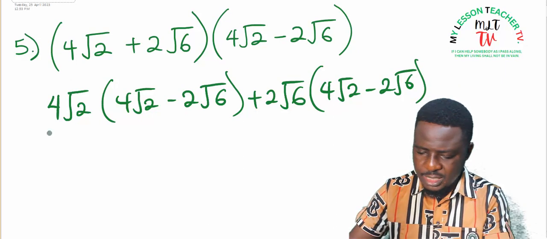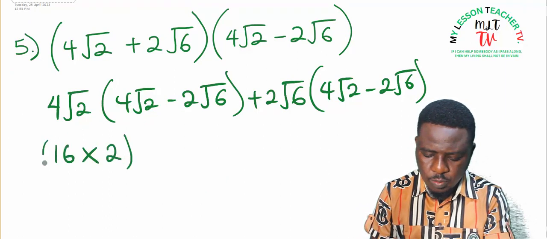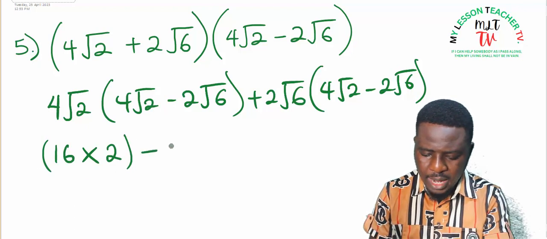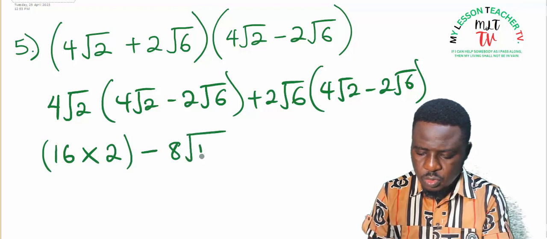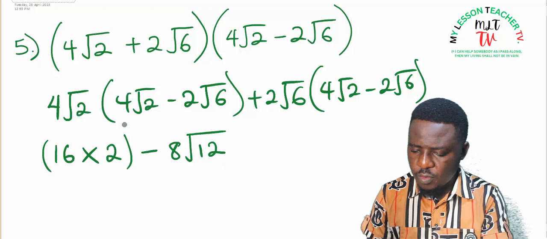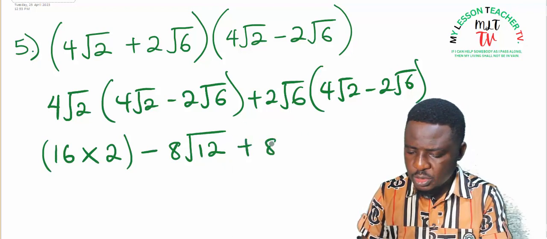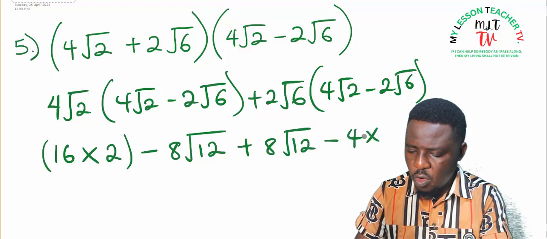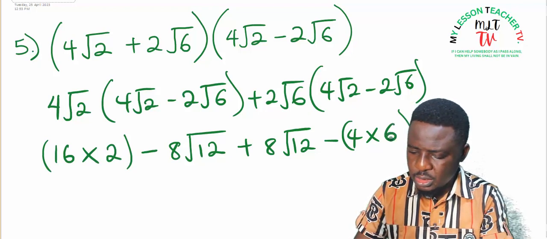When you simplify this, you have 4 times 4 is 16, root 2 times root 2 is 2, minus 4 times 2 is 8, and root 2 times root 6 is root 12. I'm done with the first bracket. Do the same with the second bracket. You have plus 8 root 12 minus 4 times root 6 times root 6 is said to be 6.